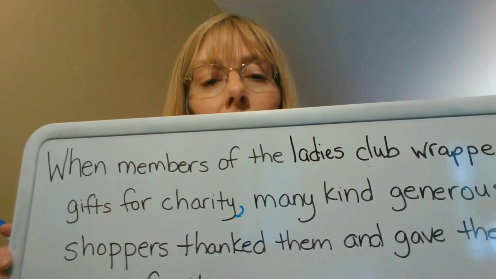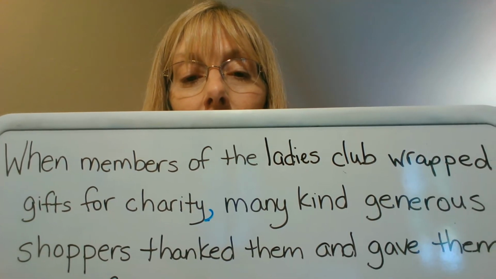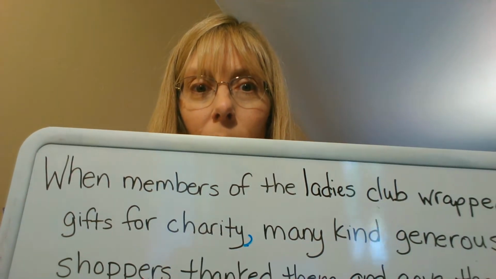All right, the dependent clause in this sentence is when members of the Ladies' Club wrapped gifts for charity. So we see it's occurring at the beginning of the sentence, and so a comma is going to be needed. All right, so you'll see that I've done that. When members of the Ladies' Club wrapped gifts for charity, comma, many kind, generous shoppers, and so on. All right, so we've got the dependent clause taken care of.